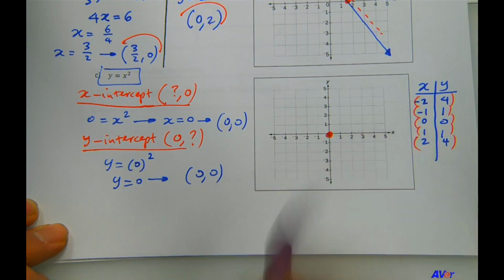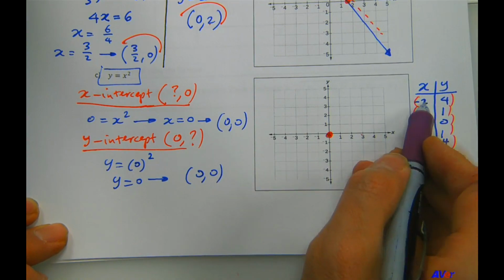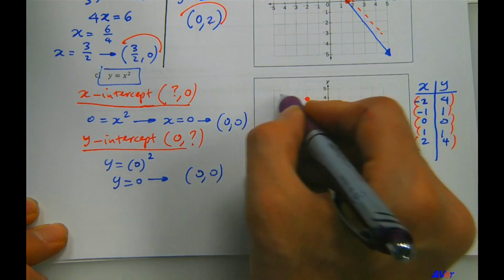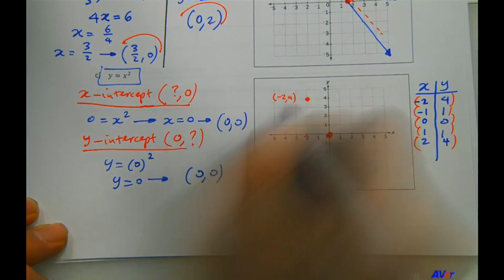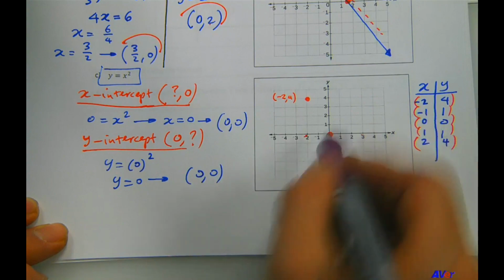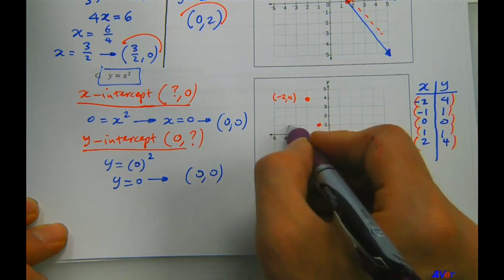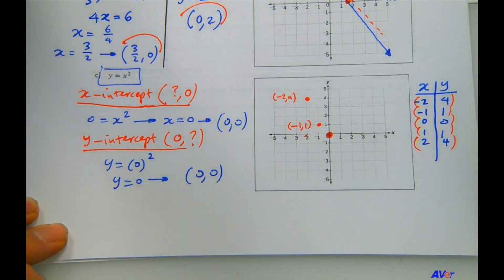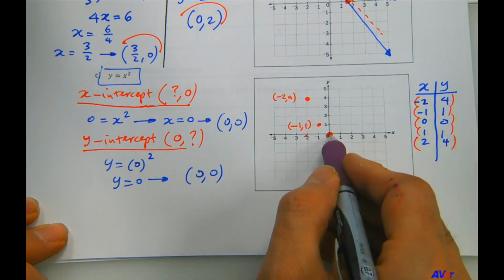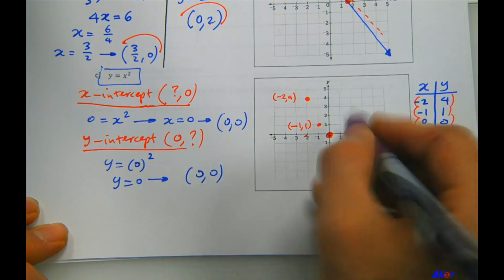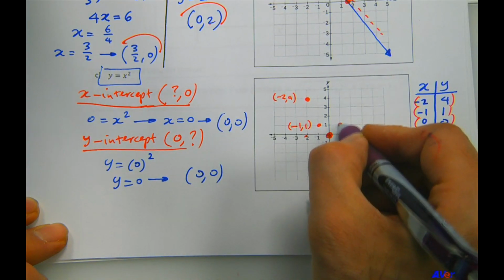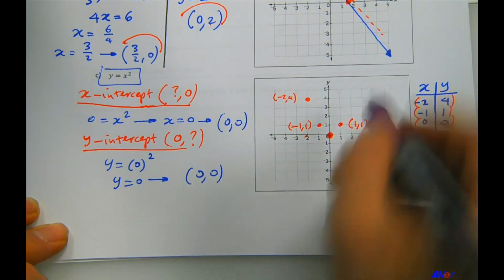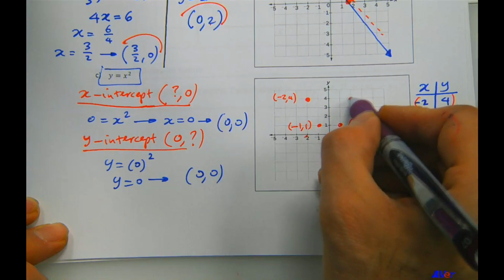So let's plot the other 4. -2, comma 4, that's that point. -1, comma 1, that point. 0, comma 0, right there. 1, comma 1, that point. 2, comma 4.